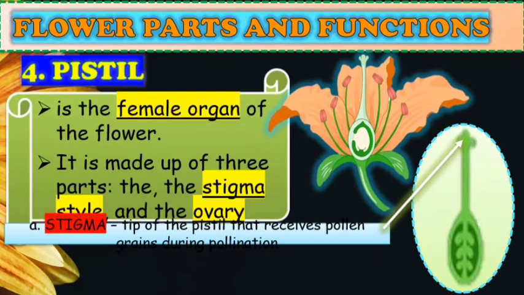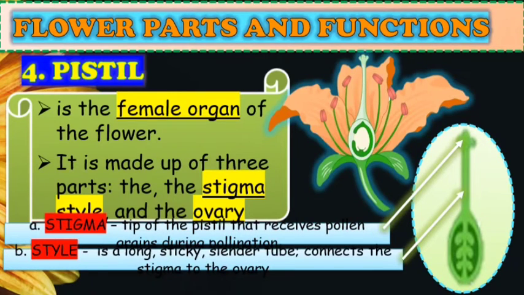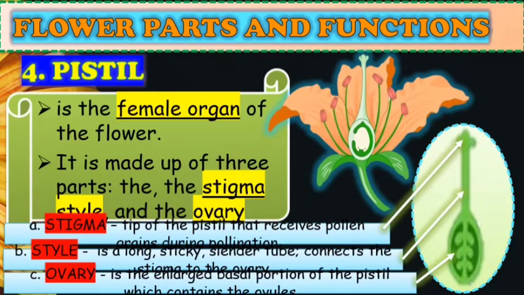The stigma is the tip of the pistil that receives the pollen grains during pollination. The style is the long, sticky, slender tube that connects the stigma to the ovary. The ovary is the enlarged basal portion of the pistil which contains the ovules, which are found at the innermost part of the ovary.